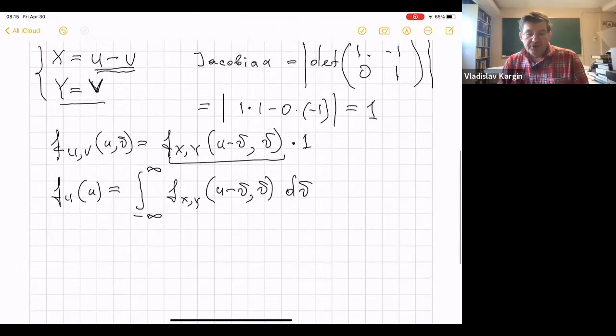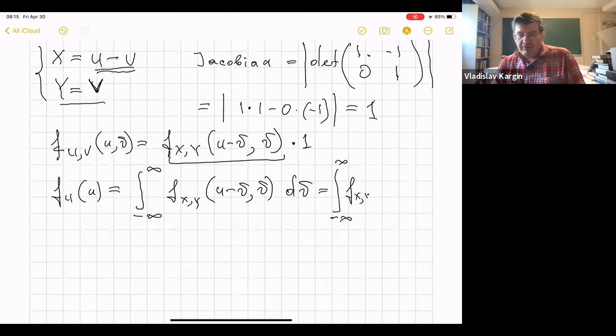Alternatively, you can do a change of variable and write it in a slightly more traditional form. So it's equal to the integral from minus infinity to infinity of f of x, y. And if you call this t, then t is equal to u minus v.